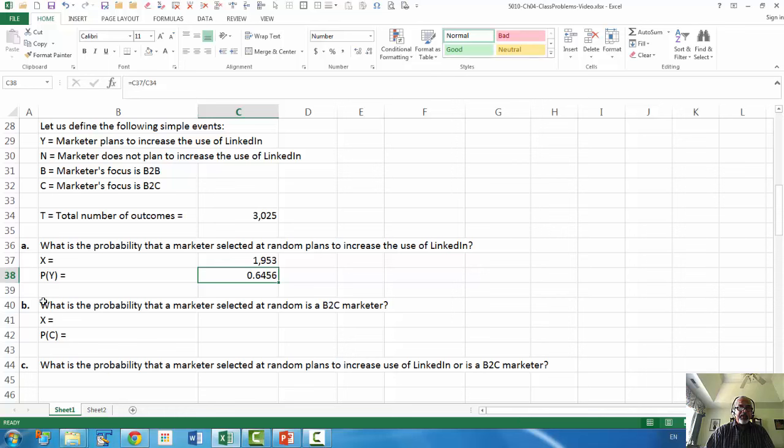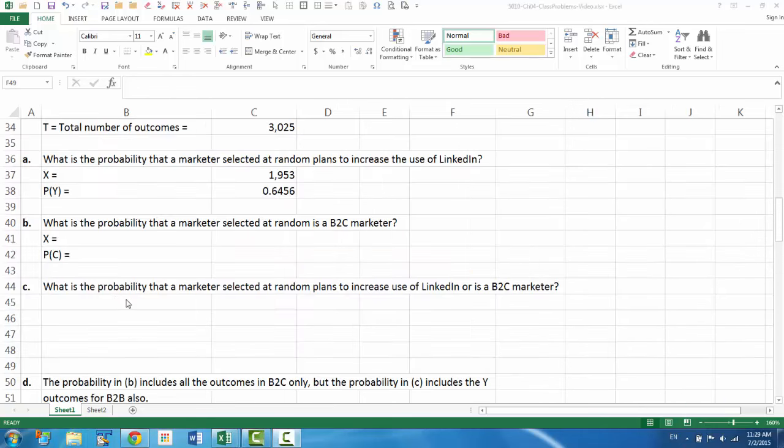Now B: what is the probability that a marketer selected at random is a B2C marketer? Again, this is a simple event, the event is B2C marketer.